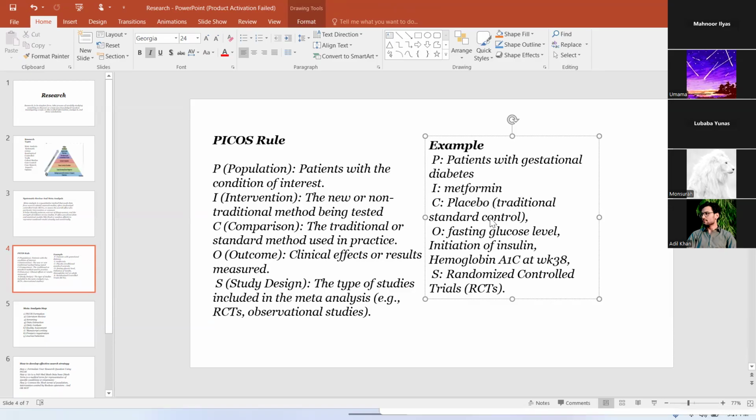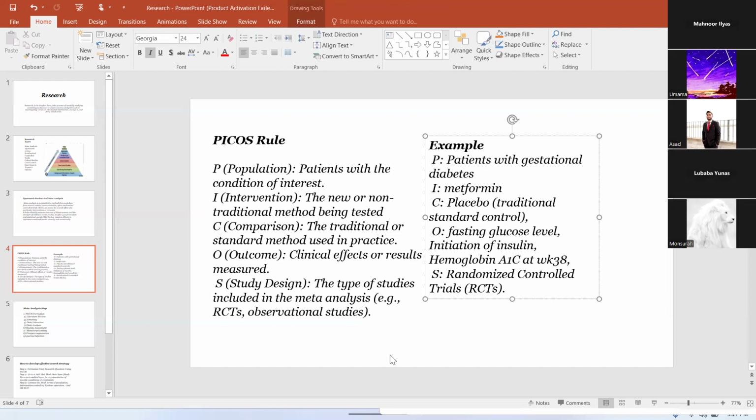Can anyone answer what placebo is? Anyone, please open your mics and let me know what placebo is, if anyone has an idea. Ma'am, placebo is something that you give, but it doesn't cause any effect like any kind of drug.